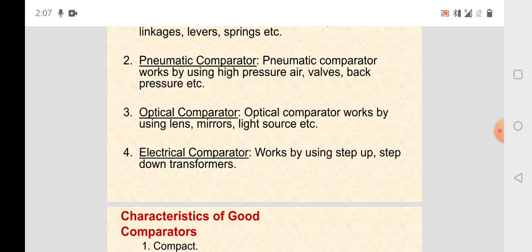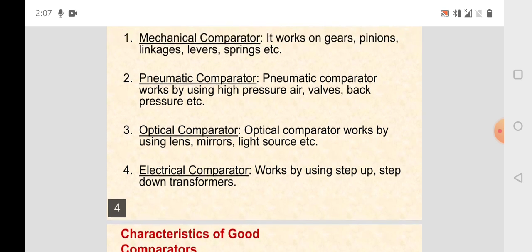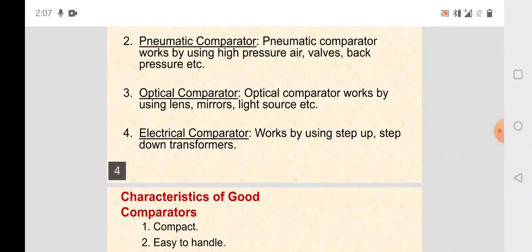Then it requires some indicating devices also, and it is not very easy to move from one point to another point, because it may require a compressor, because the air pressure is to be applied. So hence it is not that convenient as the mechanical comparators. So these are the four types of comparators we are having in our syllabus.